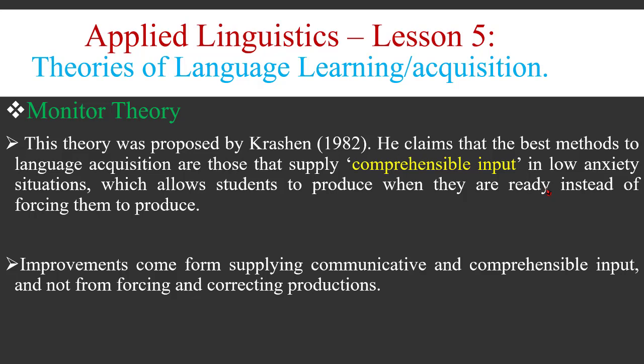Like you keep correcting them every now and then. This creates some sort of anxiety, pressure on students. Therefore, they feel stressed and they don't produce, they don't improve, etc.